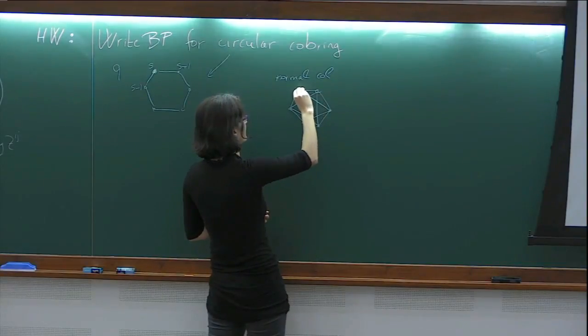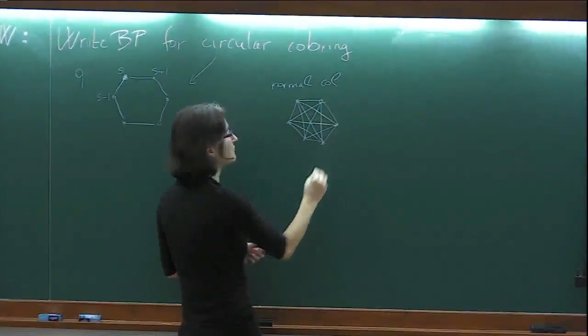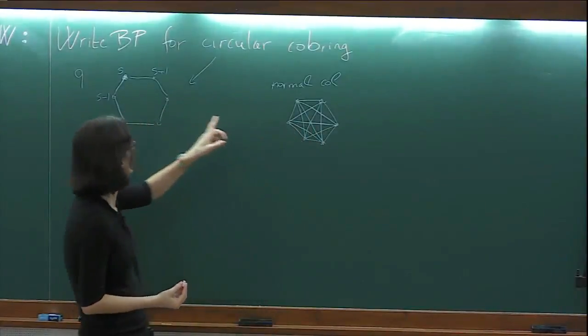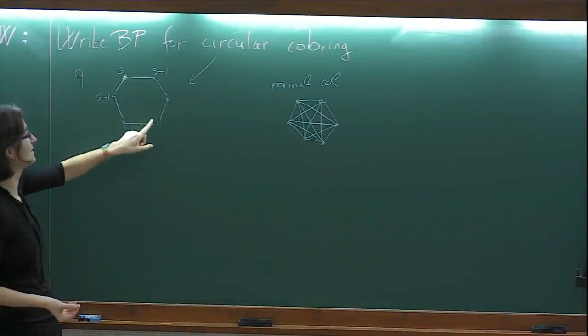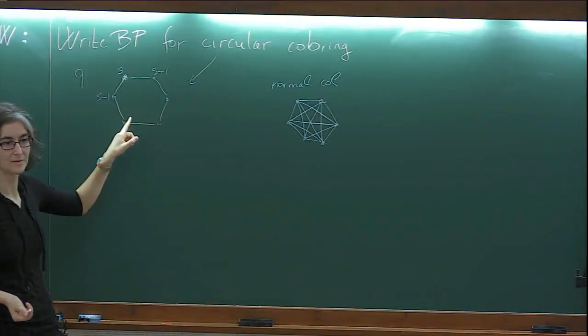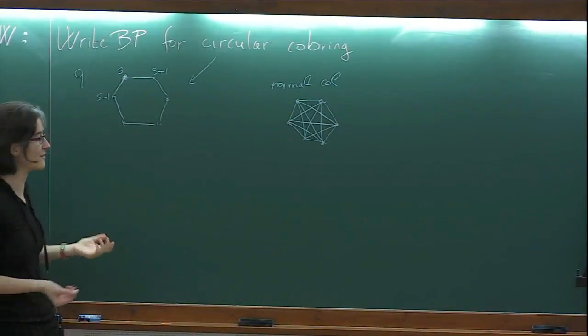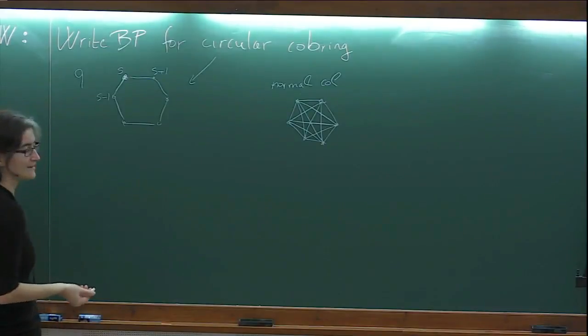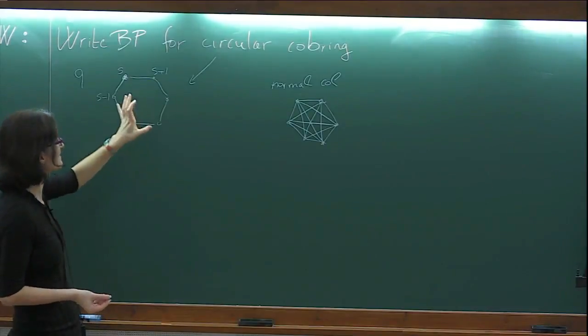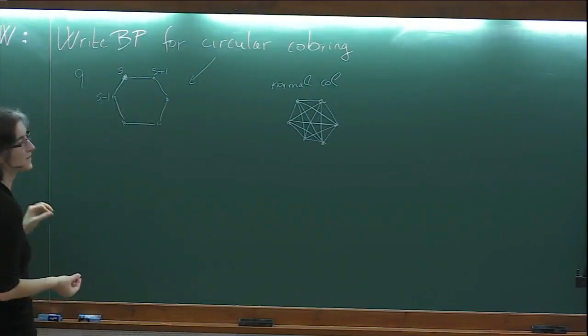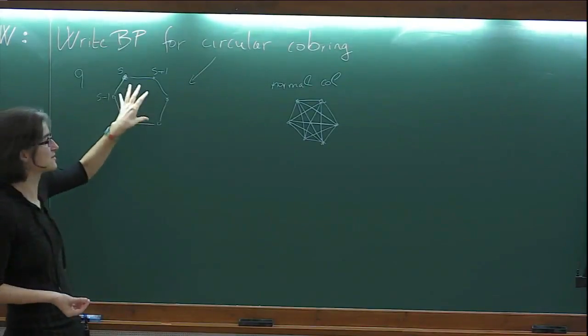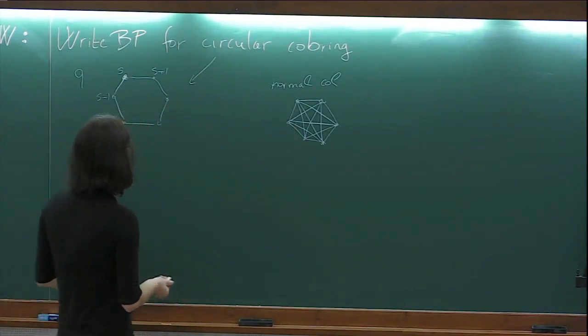Everybody can be next to everybody, but in the circular coloring, I can only be next to my neighbors on that circle. So it's also a constraint satisfaction problem on graphs, with similar properties. To get familiar with the belief propagation equations, just try to write them for this problem instead of this one. So that's the first thing.